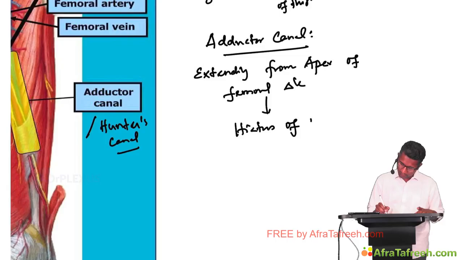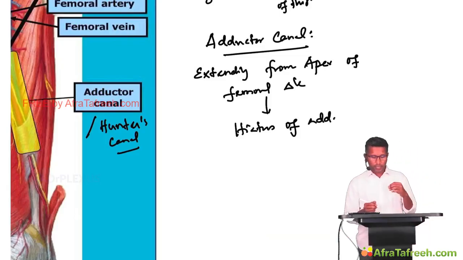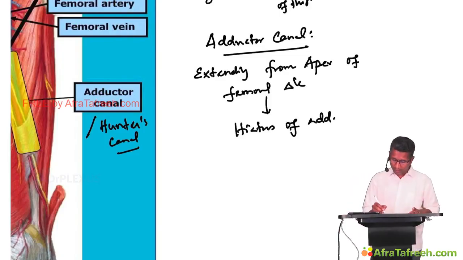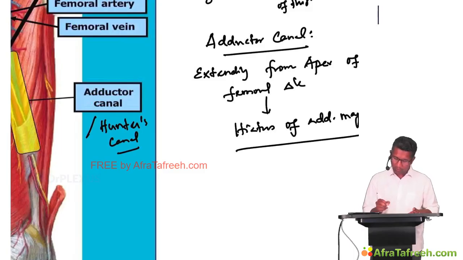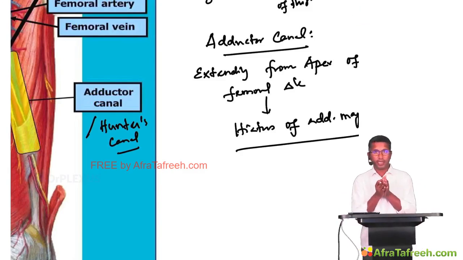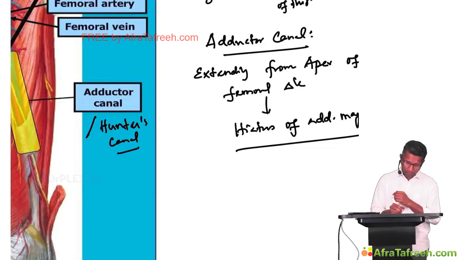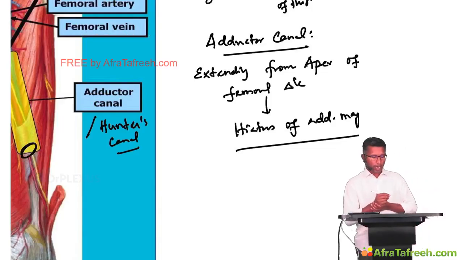The adductor magnus has various hiatuses, and the last one is called the adductor hiatus. So the adductor canal is a canal extending between the apex of the femoral triangle and an opening in the adductor magnus muscle. That opening is called the adductor hiatus.